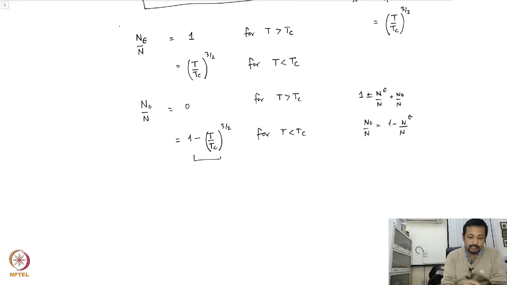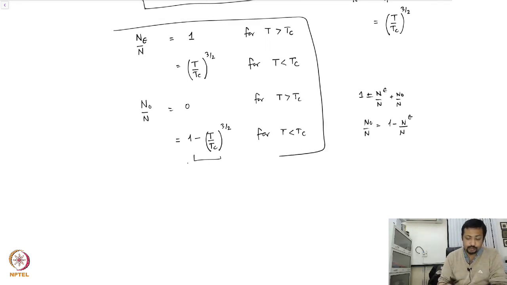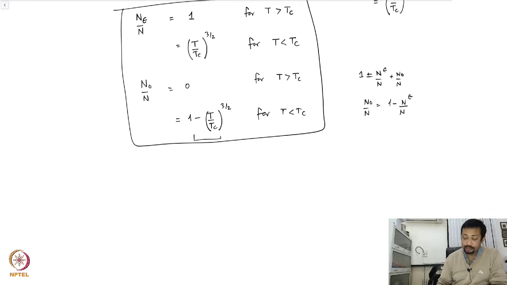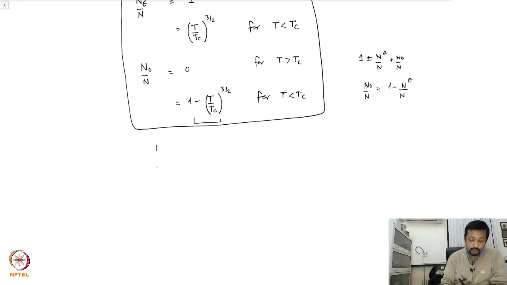If you carefully study these two expressions, one can plot them also. You see that as you approach 0 temperature, the number of this thing vanishes. This is my Tc. Let's draw a vertical line, and let's say this is 1.